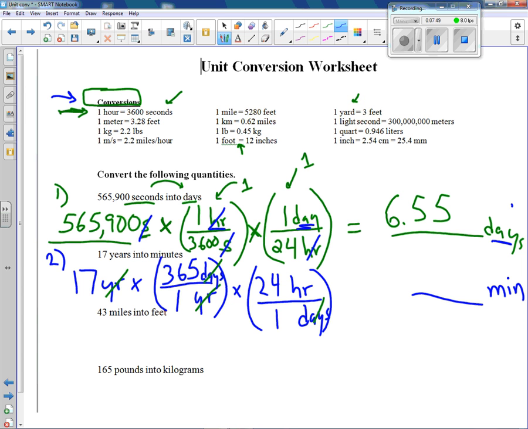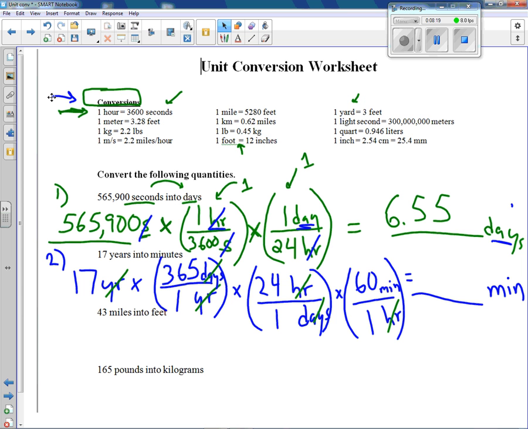And now my surviving unit is hours. I want minutes. Let me get rid of hours by multiplying by 1 in fractional form. I'll put hours downstairs. That'll cancel with hours upstairs. And can I relate hours to minutes? Sure. I know a single hour is, do you know how many minutes that is? 60 minutes.